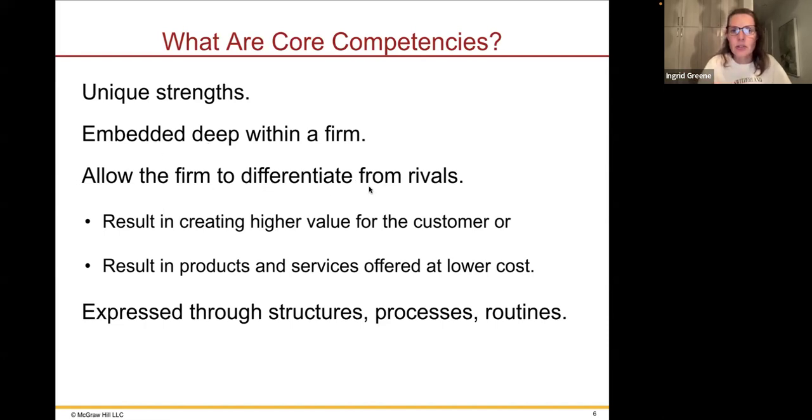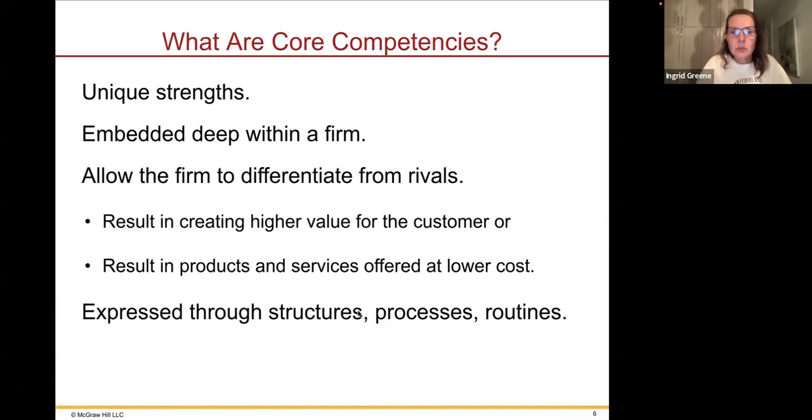It allows the firm to differentiate from their rivals. We are different from UCLA, USC, Gonzaga, or Georgetown, because we're positioned here in Los Angeles. This results in creating higher value for the customer, or in products or services offered at a lower cost. We are not a low cost university, but in theory we are providing a higher value because we are a Catholic institution. Students come away from this education experience with a sense of moral grounding.